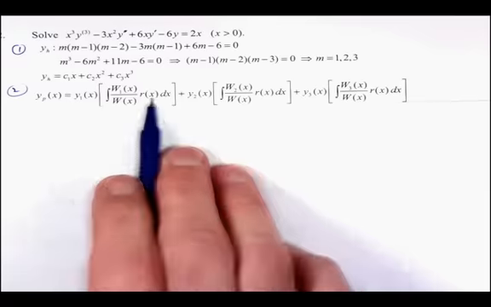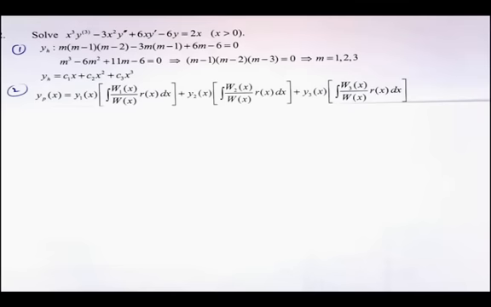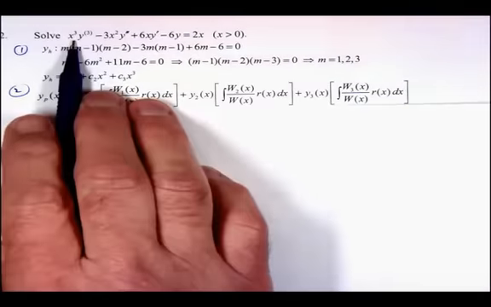What's the R function? Can you write down the R function? What will the R function be? That's the right-hand side function, so it's 2x, isn't it? Yes or no? No. Good. Because for variation of parameters, we must put the differential equation in standard linear form, which means dividing through by the x cubed.